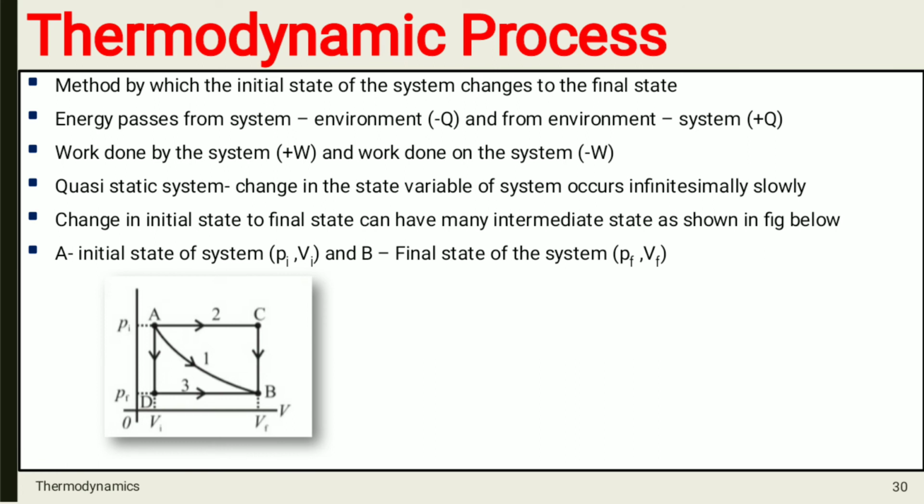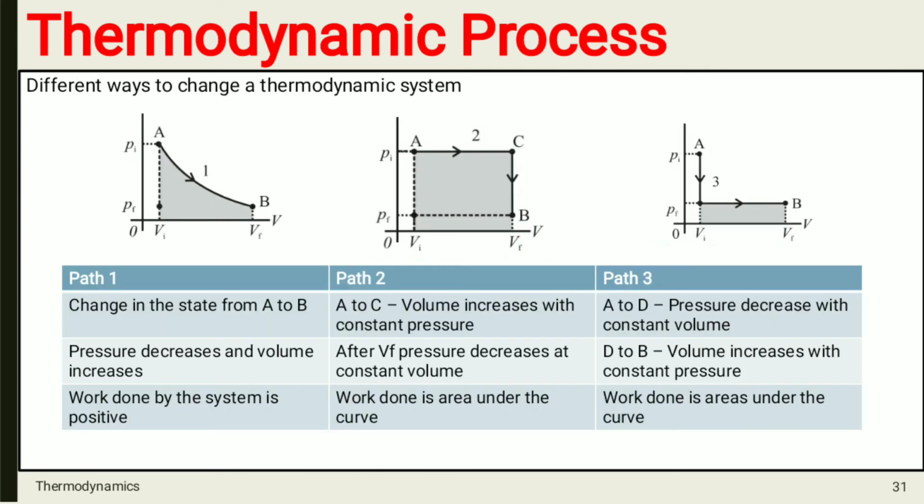What is meant by thermodynamic process? The method or process by which a system changes its initial state to the final state, and it can be by various paths, and if the path changes, its work done also changes, yet its initial and final states are the same.